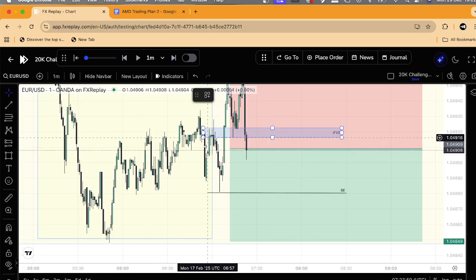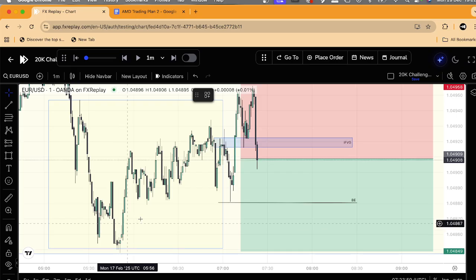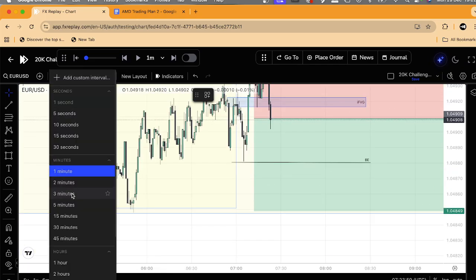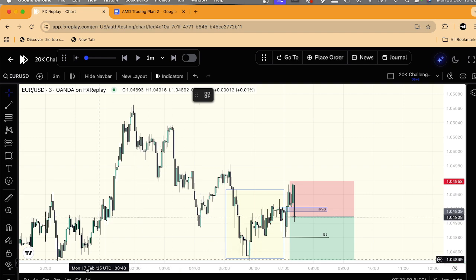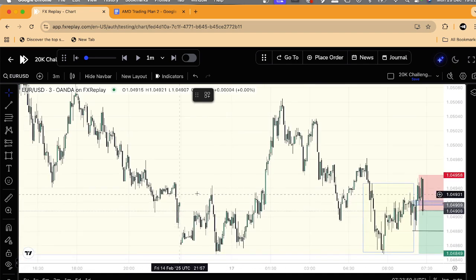Even though we have a bigger area, and like I said, if you think about our higher time frame stuff as well, on a higher time frame we have accumulated here, come up and then pushed back down.